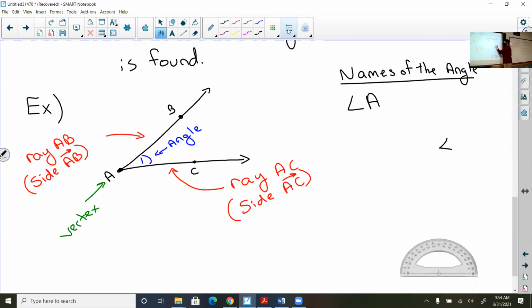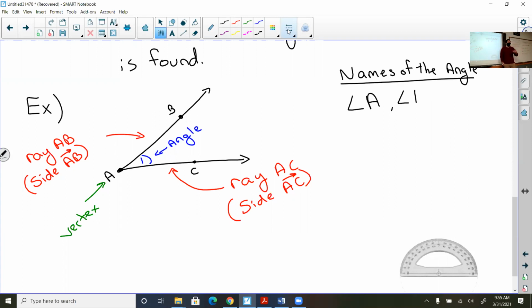Again, it's not like that. That would be less than A. It's slant, horizontal, and then A. So that's just a way to distinguish it from other symbols. I named it the first angle. So I could also call it angle 1, because there's only one angle with the label of 1, so I can call it angle 1 or angle A.